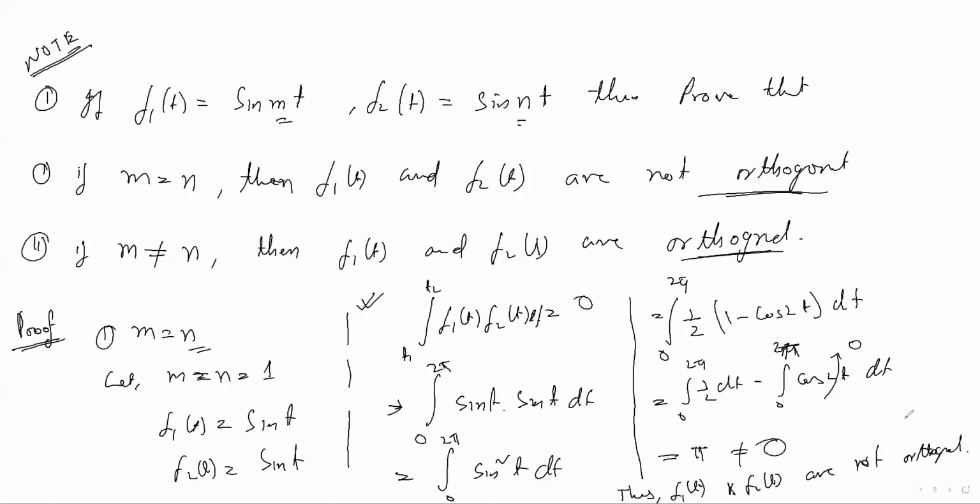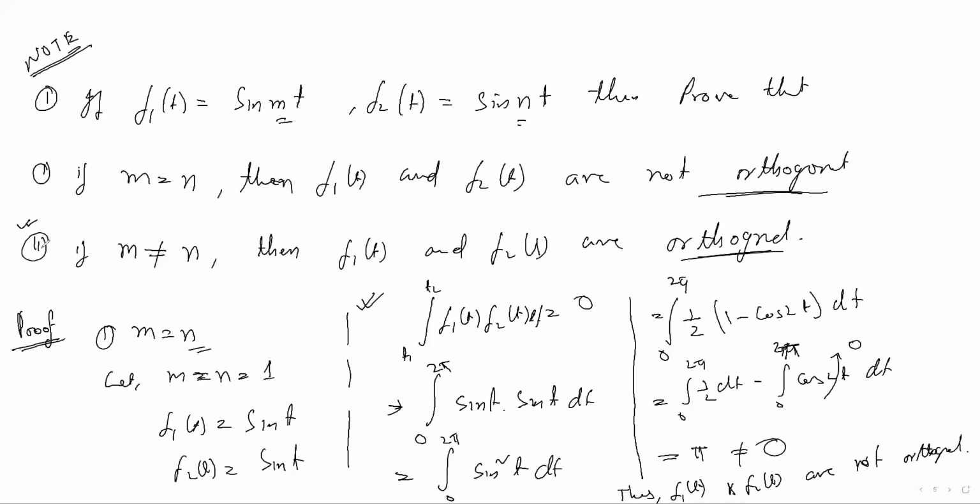Okay, then can you prove the second condition, m not equal to n? Or whether I have to prove here? You try. If you are unable to do it, let me know and I'll solve it in the next class.